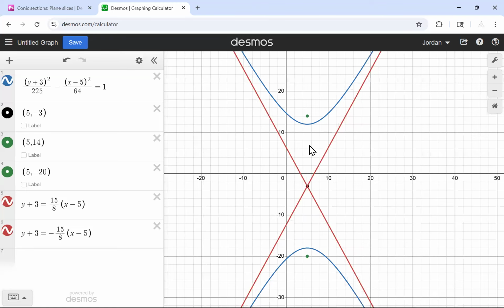So that's the idea of a hyperbola. If we have the equation of a hyperbola, then we can find its features.